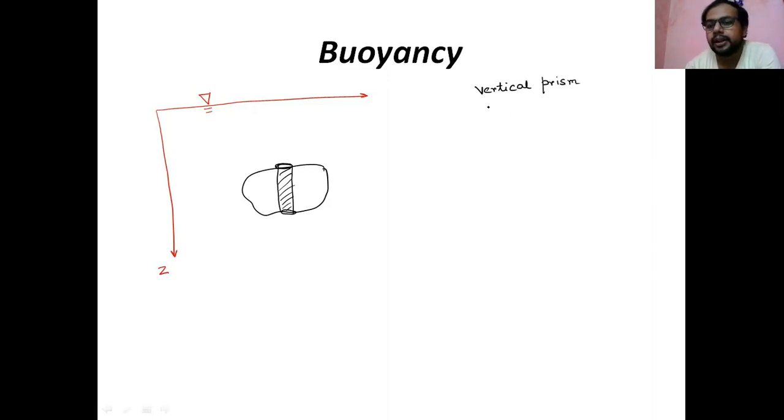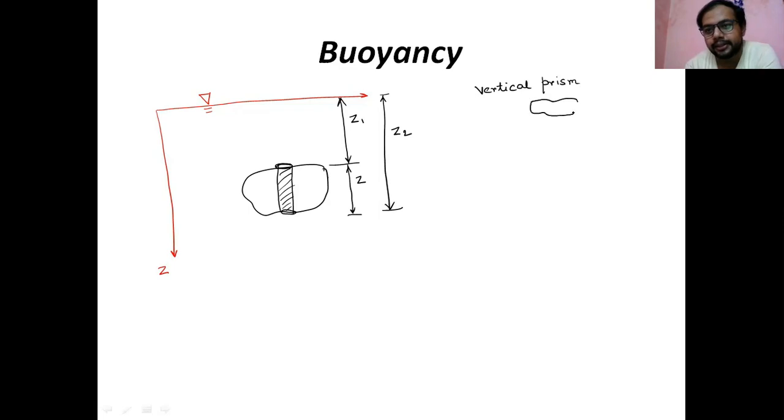So this solid body is a number of vertical prisms. The top portion, from the free surface, is at a height of 0, and the bottom portion is at a height of Z2. Z2 minus Z1 is the height of the vertical prism, which is Z. That is our consideration.